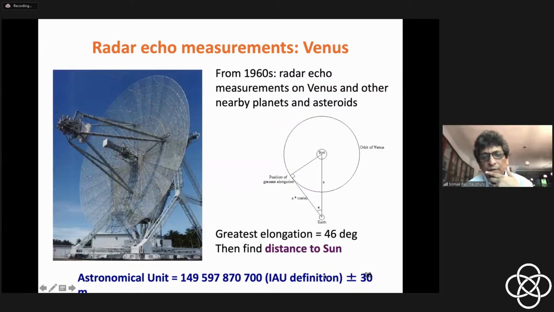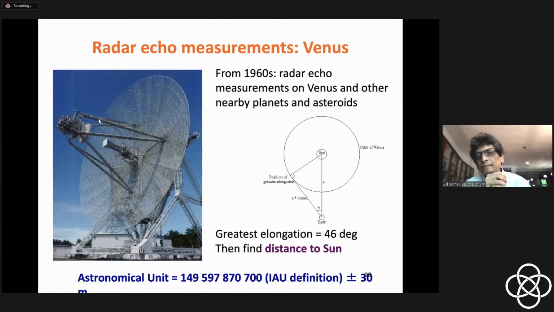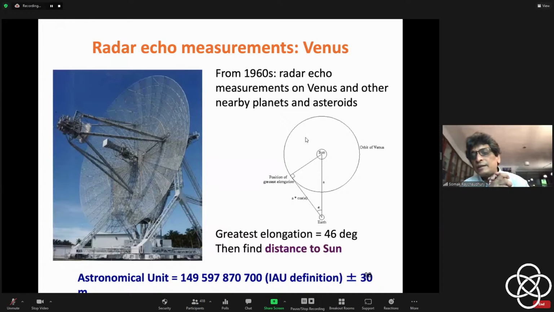And we know this now, sorry, this is wrapped around, we know this too about the astronomical unit, which is the distance between the Earth and the Sun, the center of the Earth and the center of the Sun, to about 30-meter accuracy, right, using this method. And so this is very important because the Sun-Earth distance, of course, varies slightly because the Earth's orbit around it is slightly elliptical, as you know.